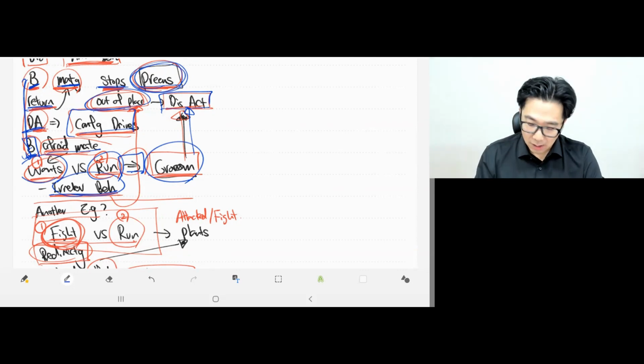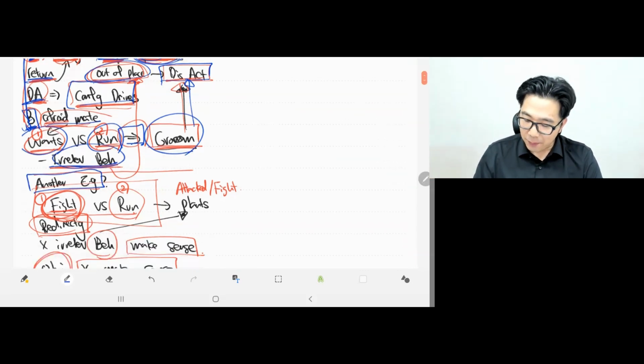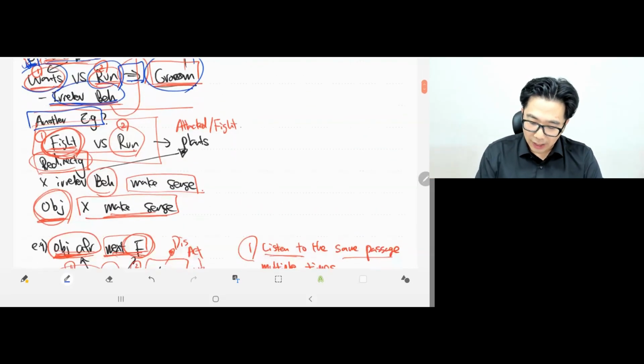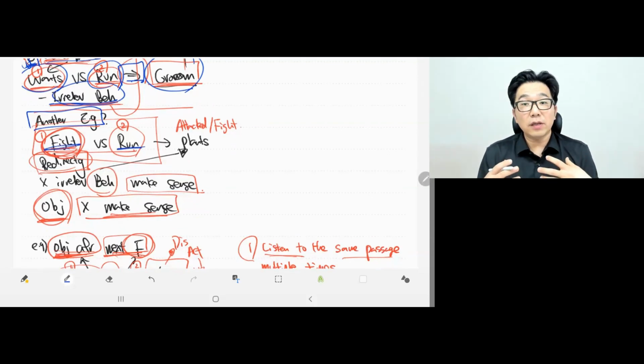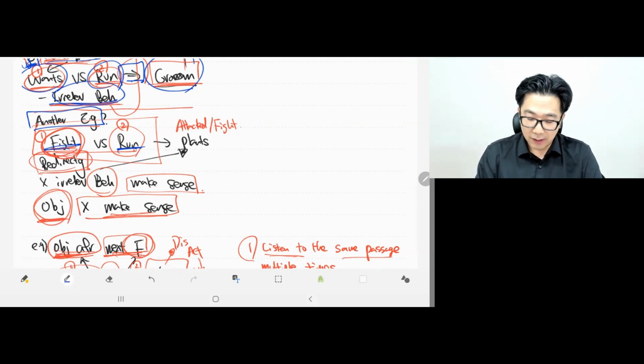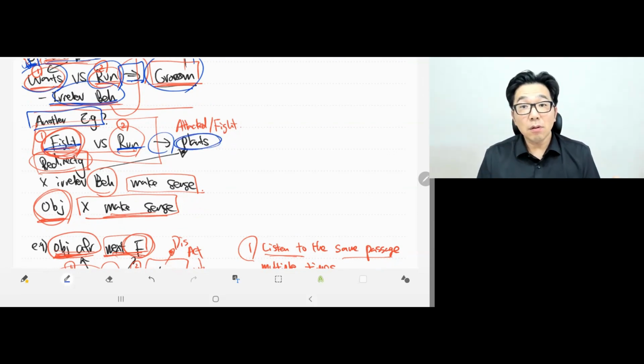Okay? So does anybody have another example? Okay, professor. So if an animal is conflicting between fighting the enemy or running away from the enemy, if the animal starts attacking the plant, is this a good example?